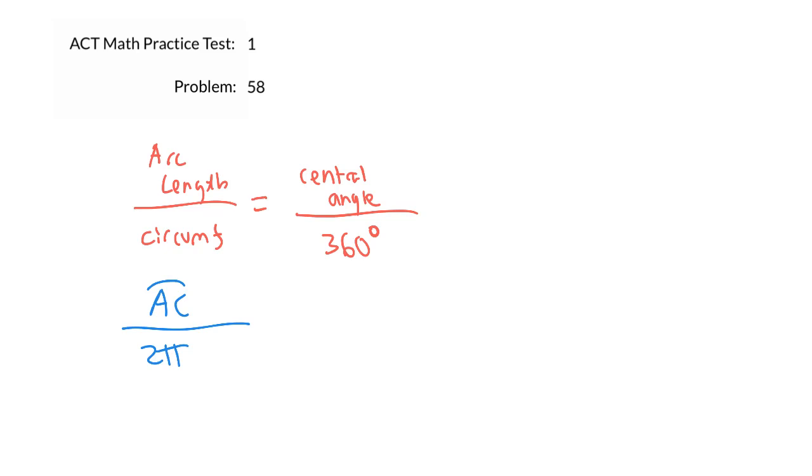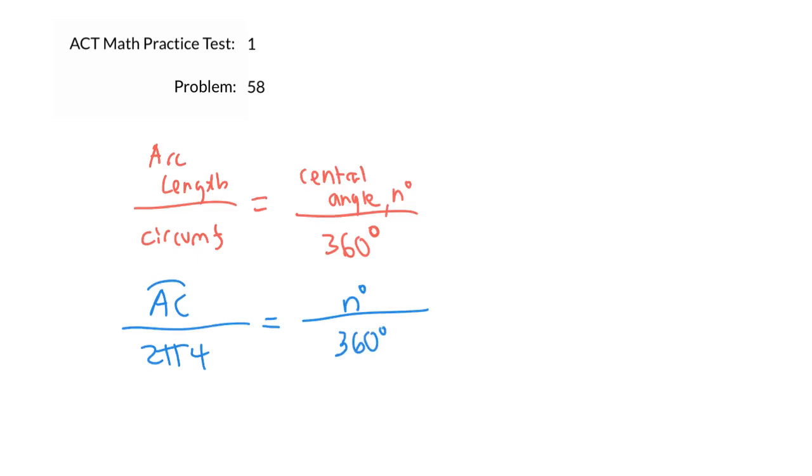Now we have the radius, by the way, it's 4, and that's going to equal the central angle. I'm going to call that n, we'll call that n degrees, central angle n degrees. So the central angle, n degrees over 360.